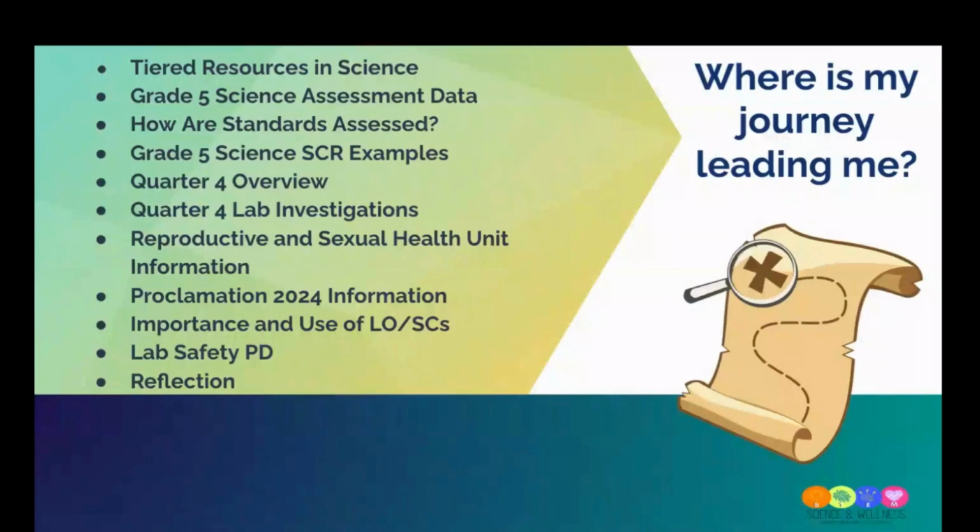Then we're going to take a look at some of the SCR examples that have been provided to us and how those have been scored. We're going to take an overview of Quarter 4 and Quarter 4 lab investigations. I'm going to provide some information regarding reproductive and sexual health units. We're going to talk a little bit about Proclamation 2024, the importance of LOs and SCs, and we're going to end with some lab safety PD information.